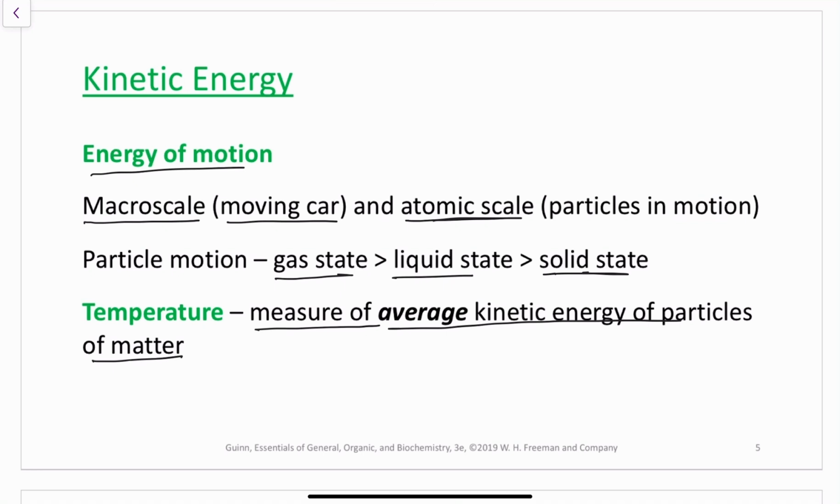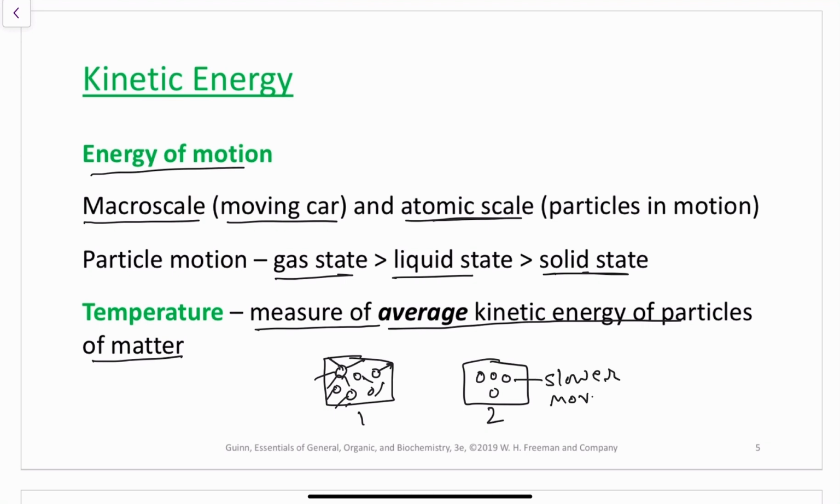For example, let's take two matters, this is one, and this is second. If the particles in the first have more kinetic energy, it means they are moving faster compared to the particles or atoms in the second, which are moving slower.